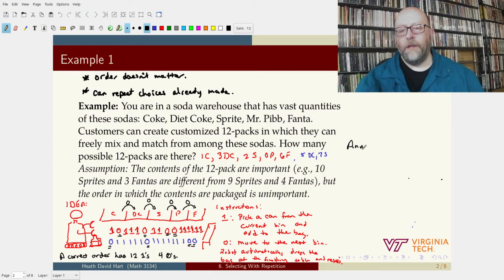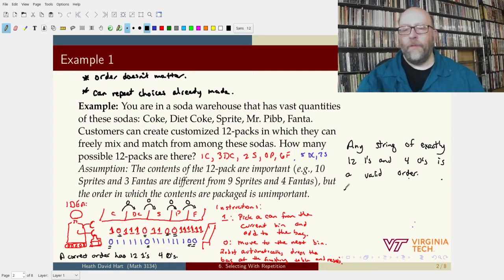Any string of exactly 12 ones and 4 zeros is a valid order. For example, let's look at this string. 2 zeros at the beginning, 6 ones, 1 zero, 6 more ones, and then 1 more zero. That's 12 ones and 4 zeros.